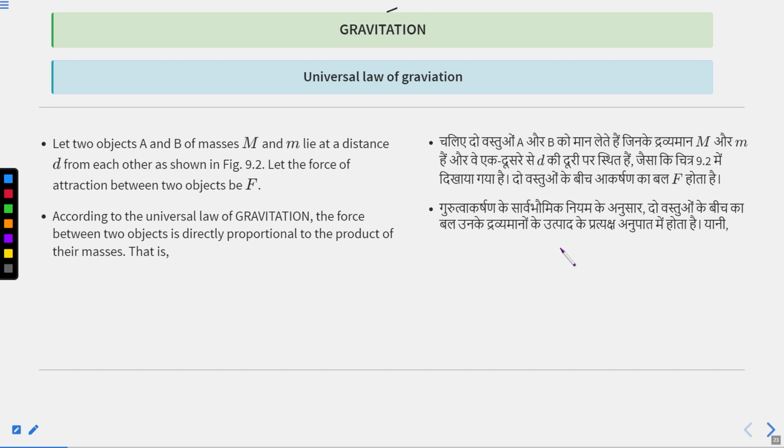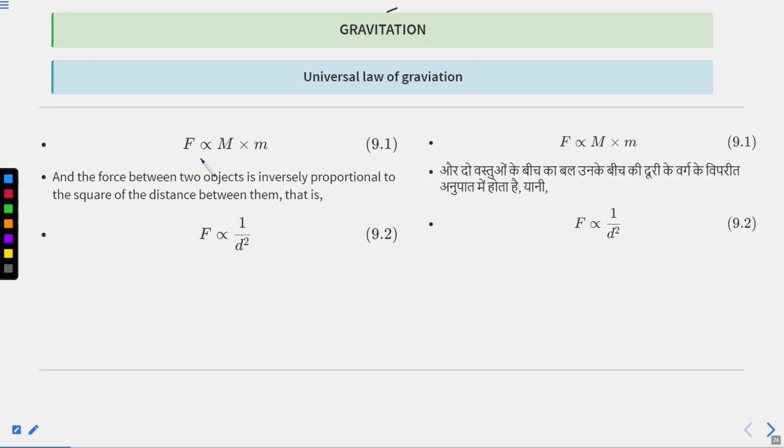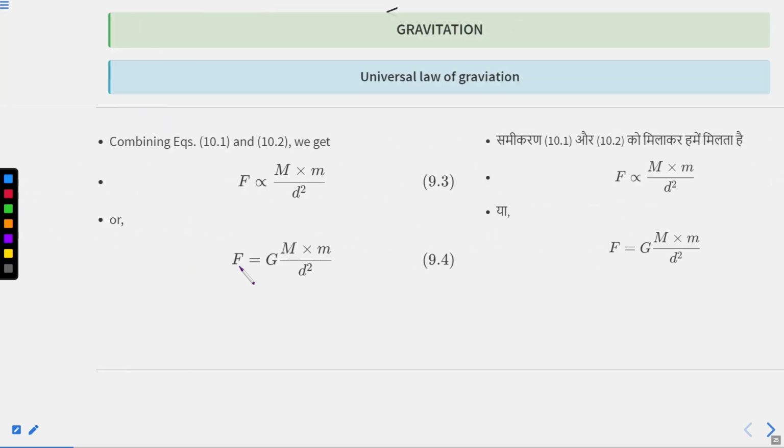Two objects of mass small m and capital M are separated by a distance small d. Then we have calculated the force: force is directly proportional to the product of masses, and inversely proportional to the square of the distance between them.